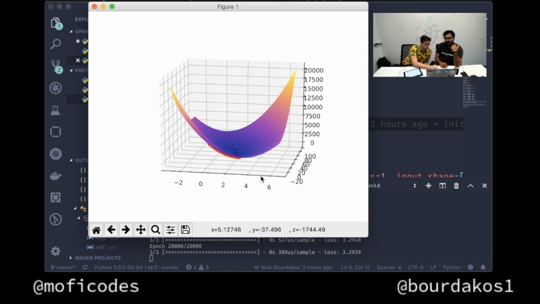Right. So maybe a better algorithm could have, instead of taking this route, gone directly that way. Is it possible to go directly? Right. But the way that we're finding it is we're looking at the slope in the area, and we're moving as a function of how big that slope is.